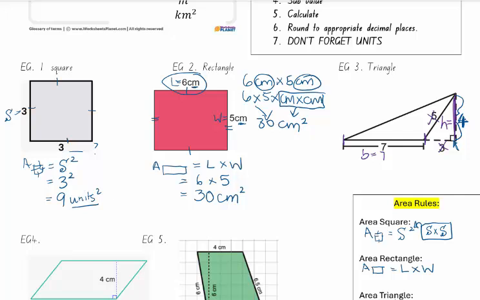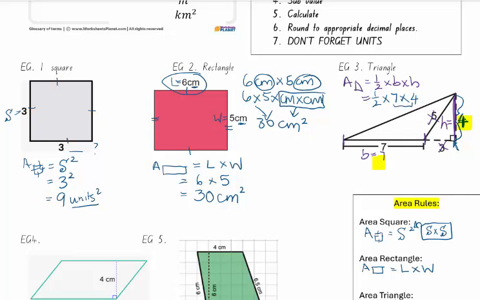So I've labelled everything. My area of the triangle, I write it every single time, half times base times height. Now I don't have to think of it. There's base, there's height. Half times, now the base is 7, the height is 4. 7 4s are 28.